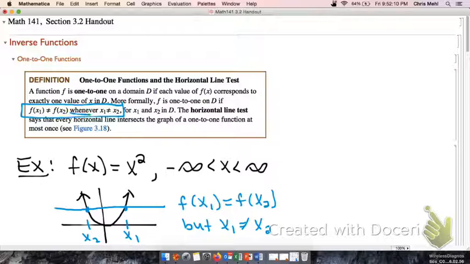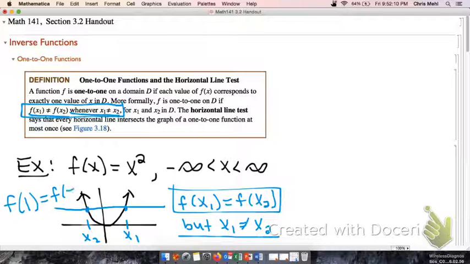So whenever x1 is not equal to x2, the outputs are supposed to be different. And what's happening for this function is x1 does not equal x2, but the outputs are the same. This happens for, say, f of 1 is the same as f of minus 1 because 1 squared is the same as negative 1 squared.